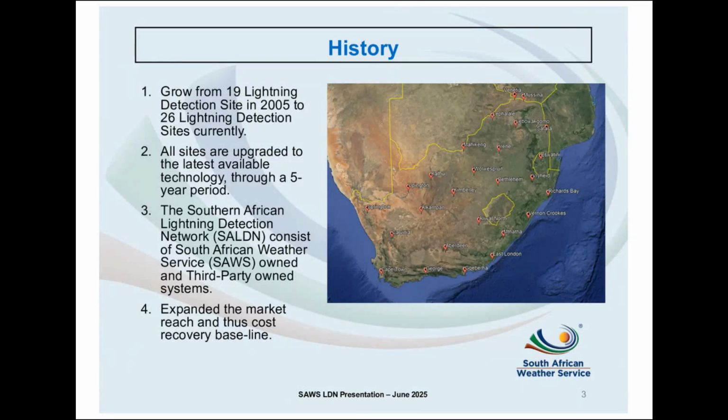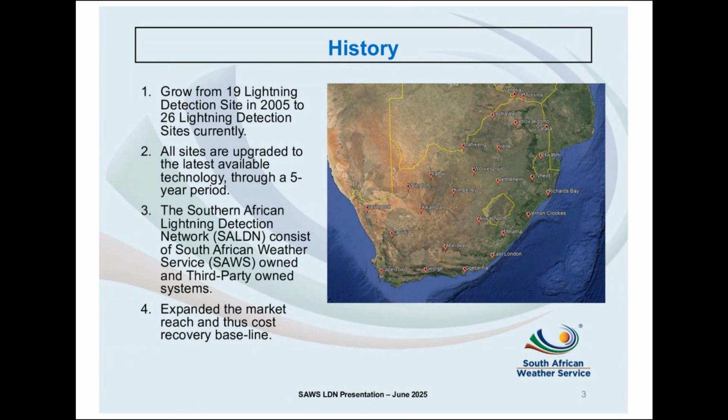The first thing that I need to state is that around 2005 we started the current network, which is the Vaisala Lightning Detection Network, with 19 sensors in 2005, and we've recently moved it up to 26 sensors now. The upgrades have taken us approximately 5 years, and the network, as I've indicated, is going to be known as the Southern African Lightning Detection Network, because it does not only consist of South African Weather Service owned sensors, but also third-party owned sensors.